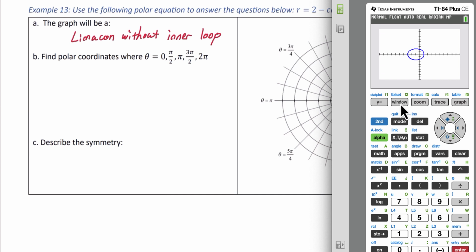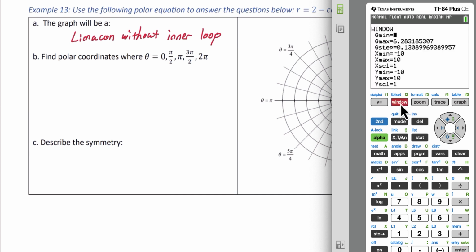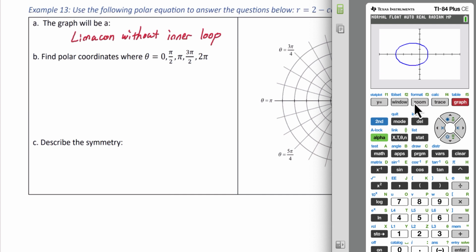Let's change the window to go again from -5 to +5. We'll do that in both x and y's. And then I want to square my grid, so zoom 5, we'll square the grid a little bit. And it looks almost like a circle, but there's a little indentation here, it's hard to see. So this is our limaçon.